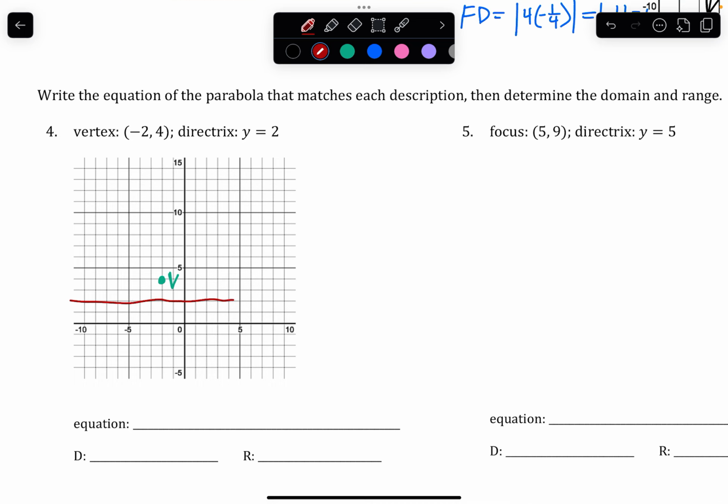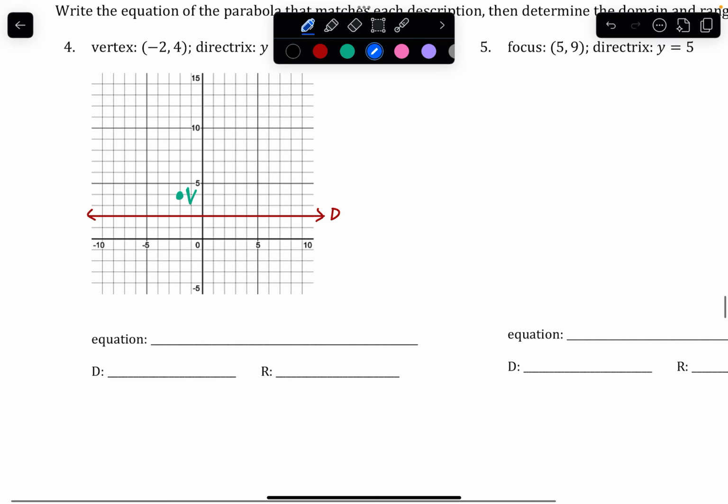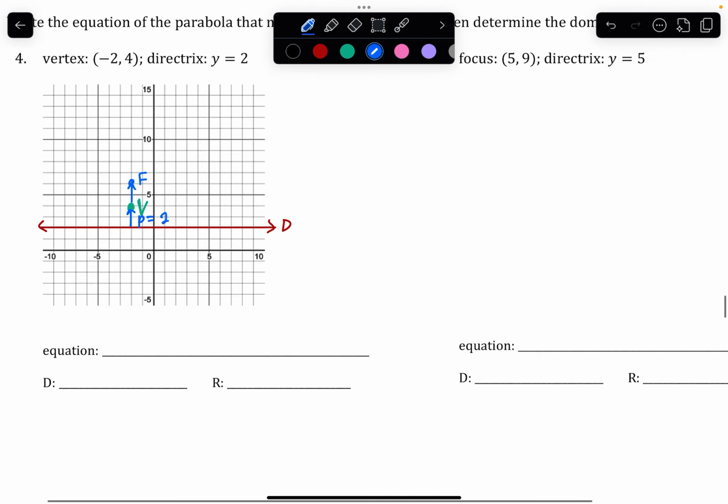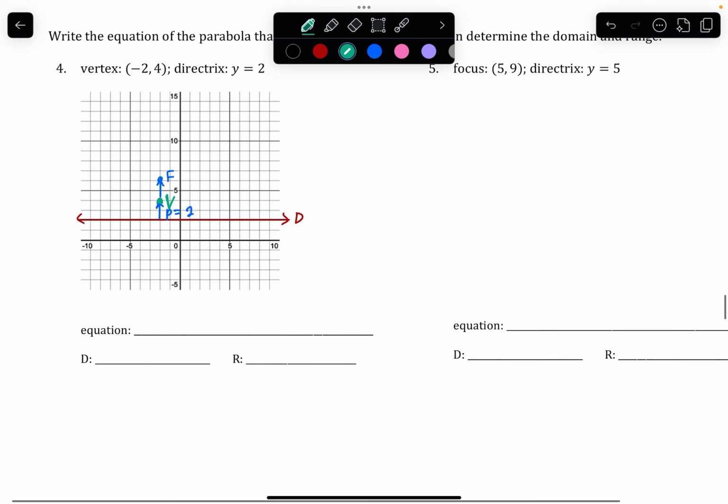So that's going to be the horizontal line crossing at y equals 2. Okay, and so remember, that gives you the p-value. The distance to the vertex is 2, and so that means we can go up 2 more to get to the focus. And so we know that this is going to be a parabola that opens up.